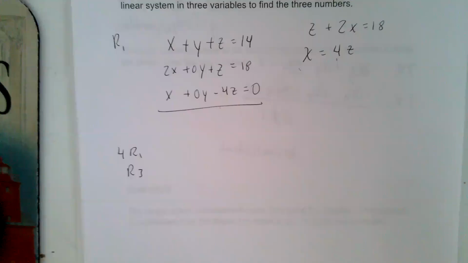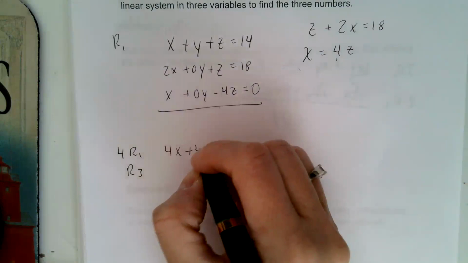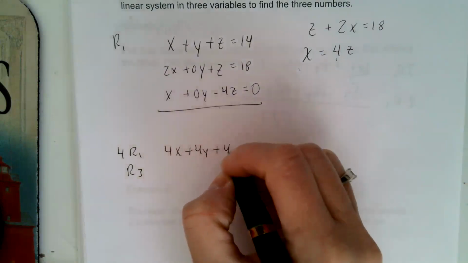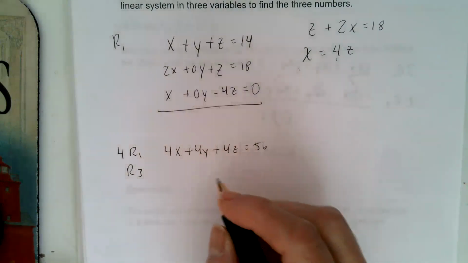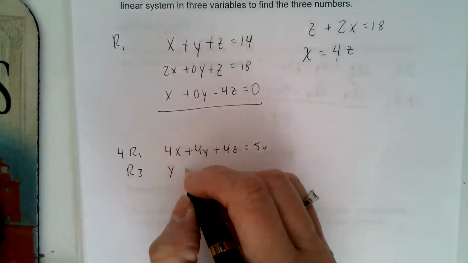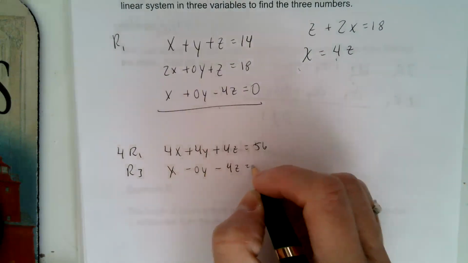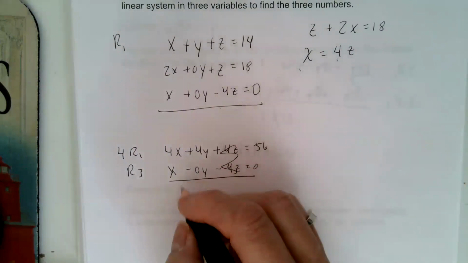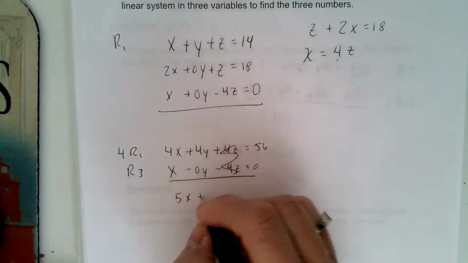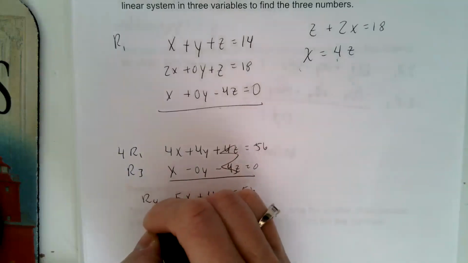So it's going to be 4x plus 4y plus 4z equals 56, and then I have x plus 0y minus 4z equals 0. So my z's do eliminate, and then I have 5x plus 4y equals 56, which is my row 4.